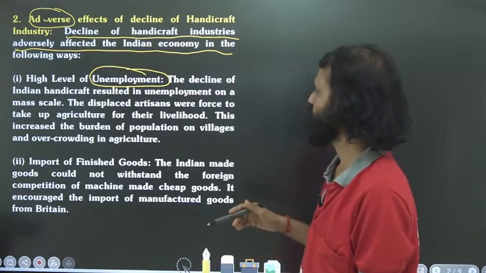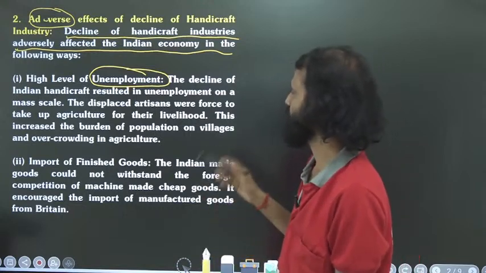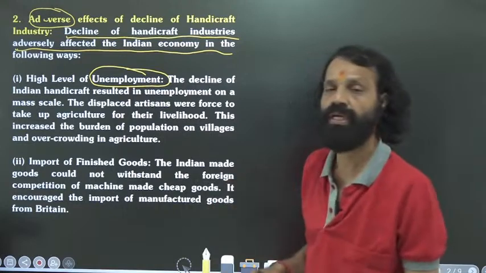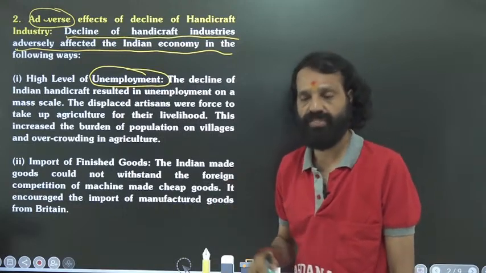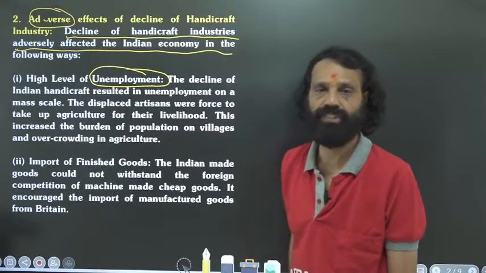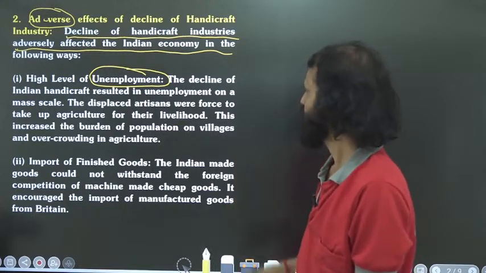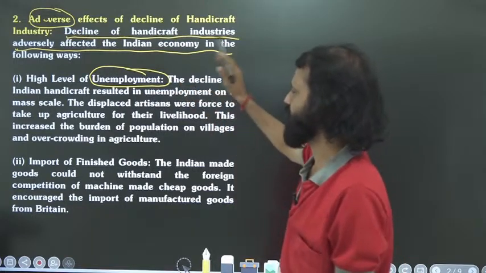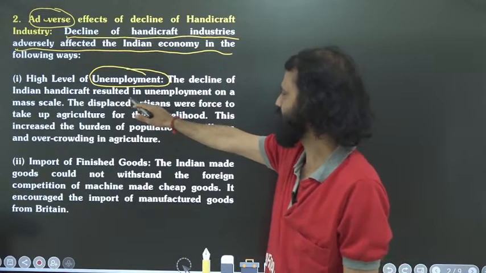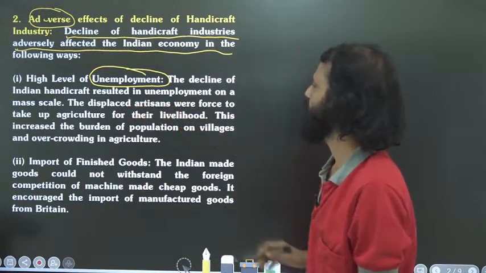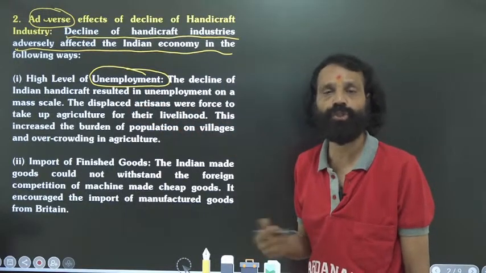While the Britishers were ruling in India, the Indian handicrafts industry got destroyed or declined. The decline of Indian handicrafts resulted in unemployment. Many people lost their job.